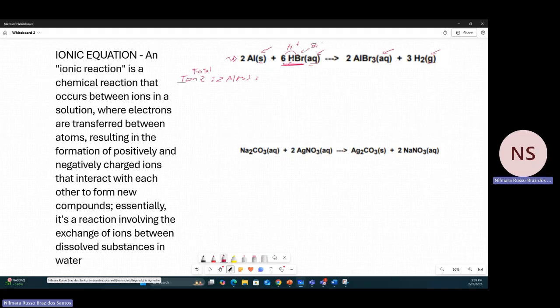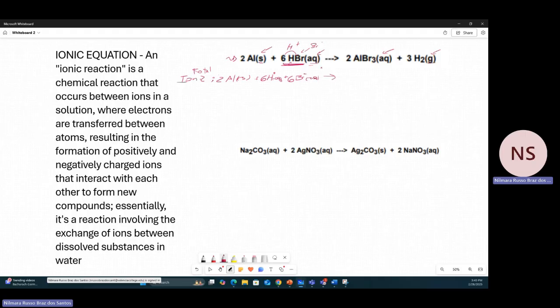That's why you don't see anything here in the subscript. So I have 6 hydrogen with a plus, and don't forget to put the state. So I have equals plus, I still have 6 bromine, -1, right? Don't forget the state.